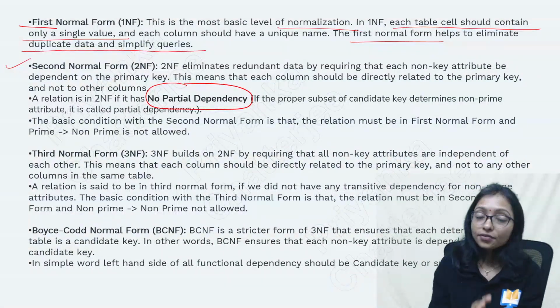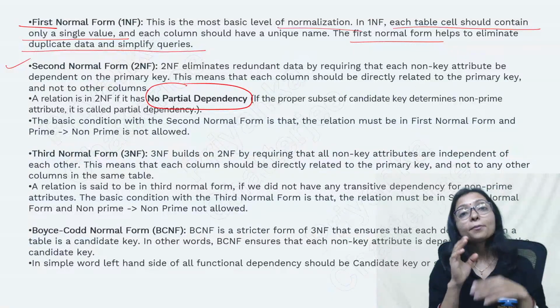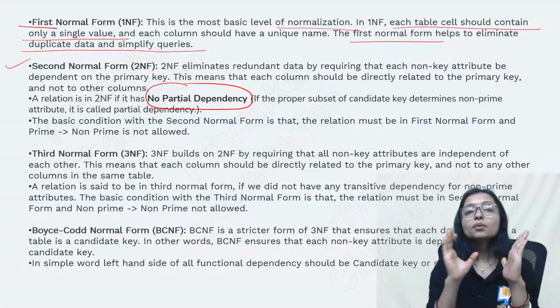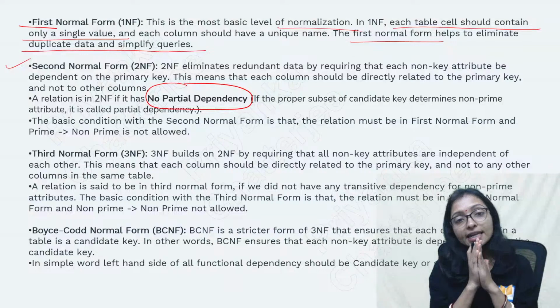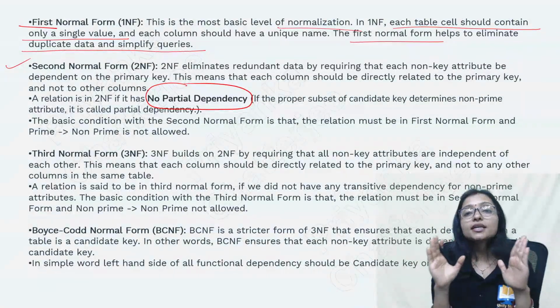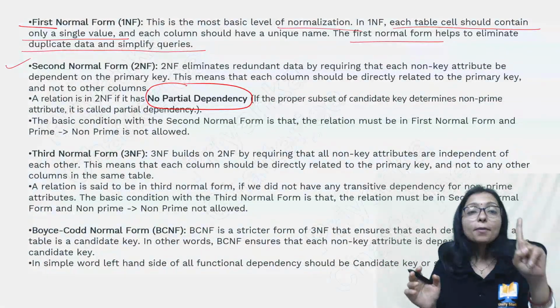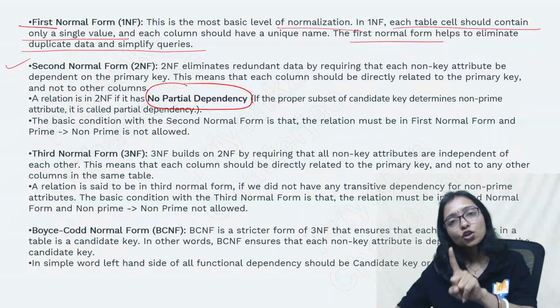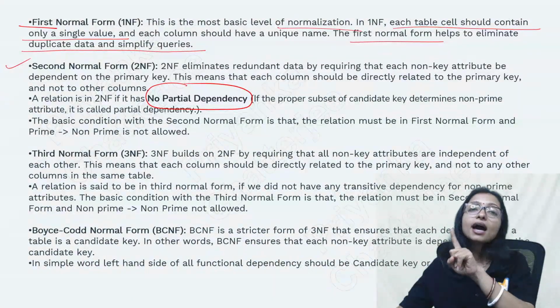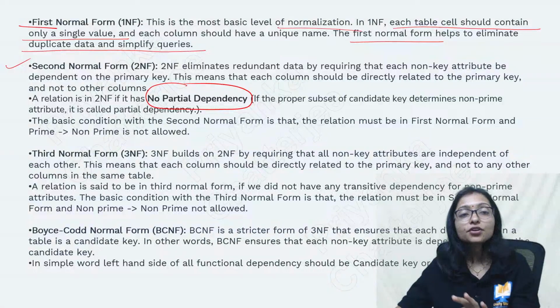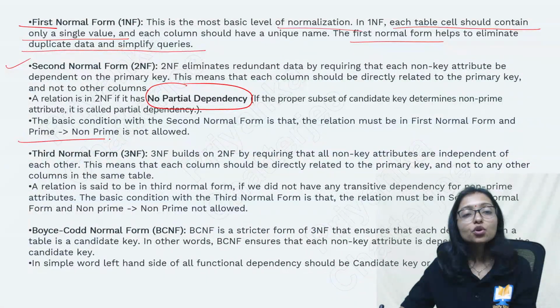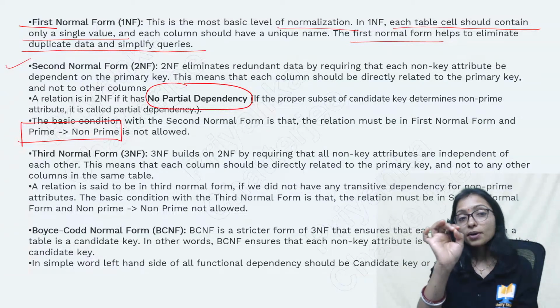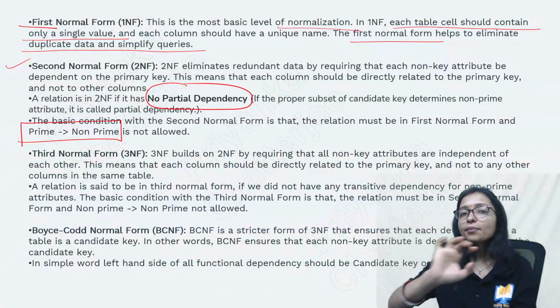And after that, what are prime attributes and non-prime attributes? Partial dependency is not allowed, meaning part of a candidate key cannot determine any other non-prime attribute. Prime to non-prime is not allowed here. Just remember the keywords. After that I am coming to an example.